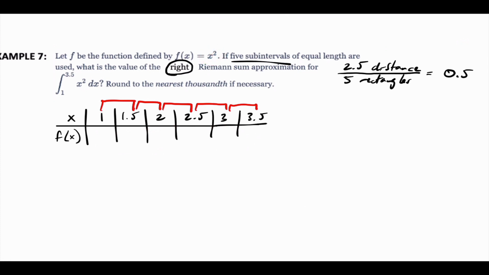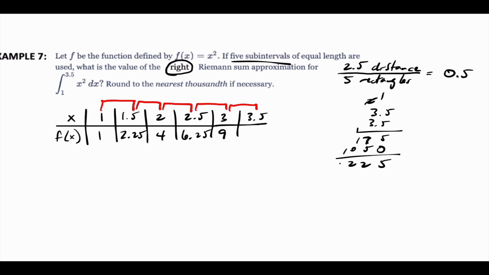So whatever the x value is, just square it. 1 squared is 1. 1.5 squared, 15 times 15 is 225, so 2.25. 2 squared is 4. 25 times 25 is 625, so 2.5 squared is 6.25. 3 squared is 9. 3.5, let's see, 3.5 times 3.5 is 12.25.